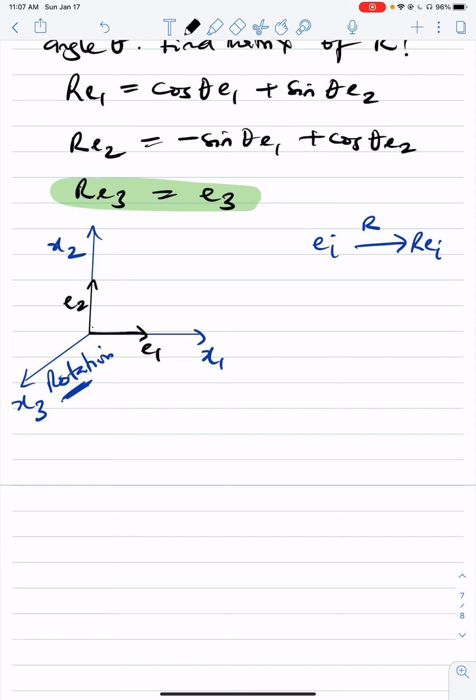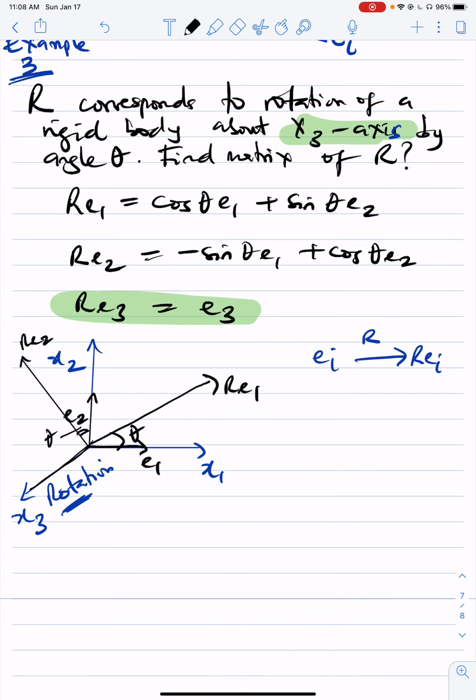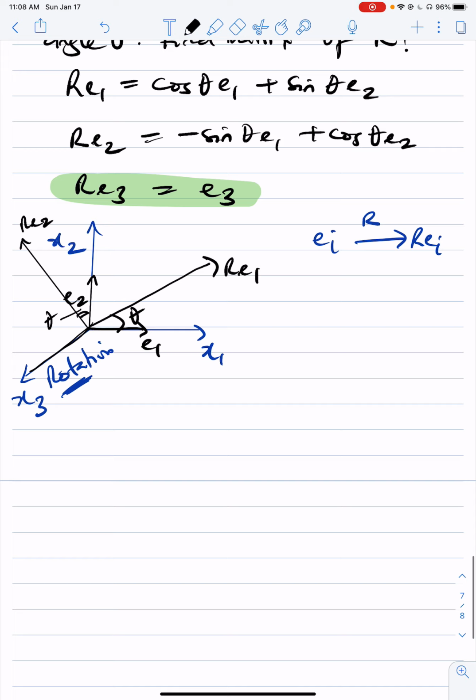So this, if you rotate this at an angle theta, it becomes RE1, right? This rotated at an angle theta becomes RE2. There's an angle here which is theta, right? But this x3, this is where we are rotating about. So that remains unchanged or untransformed. Does that make sense? I hope it does.